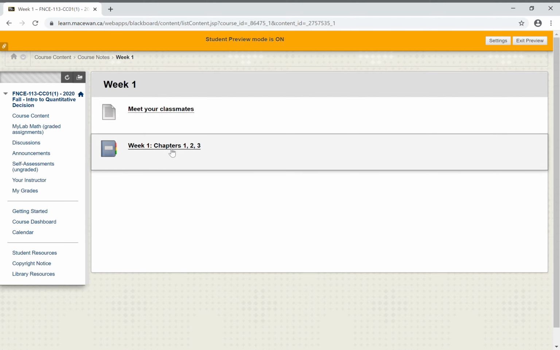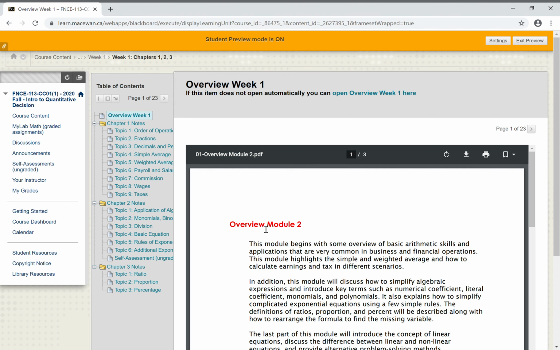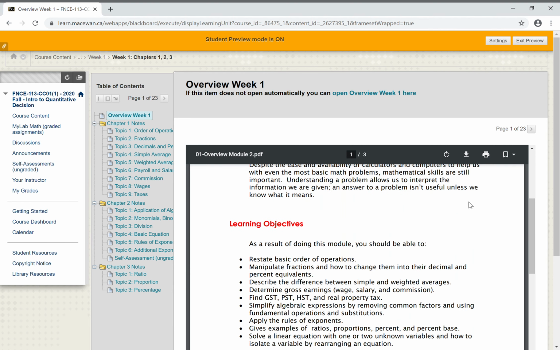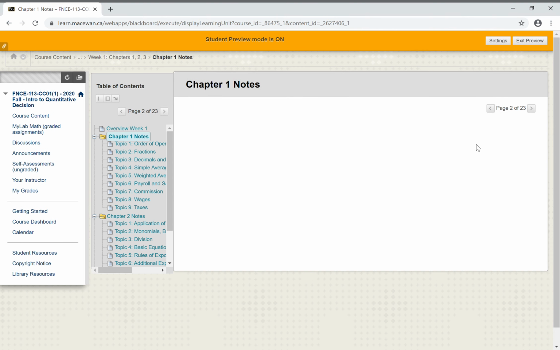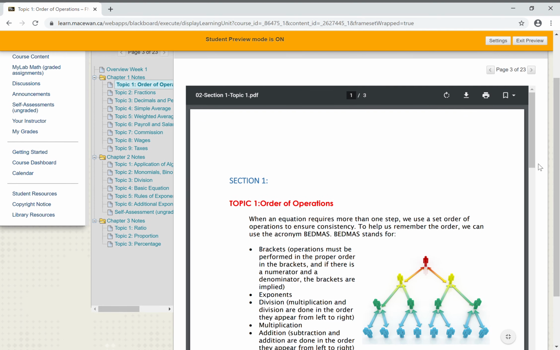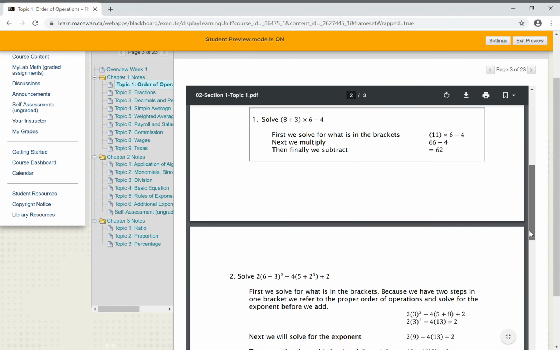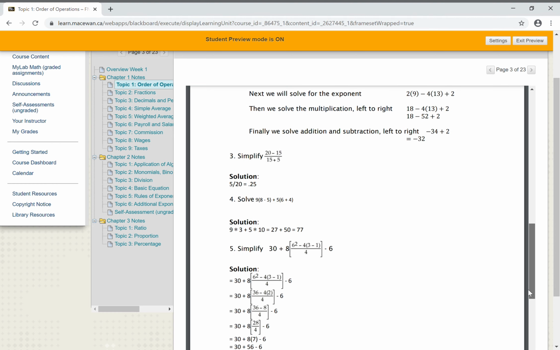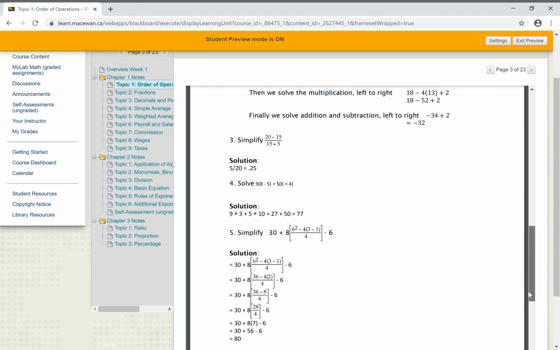But let's talk about the notes. For the first week, I've given you access to these modules from the 3 chapters. As you go through these modules, here is all the relevant information, and there are also some examples that you can go through and solve on your own, and then look at the answers.